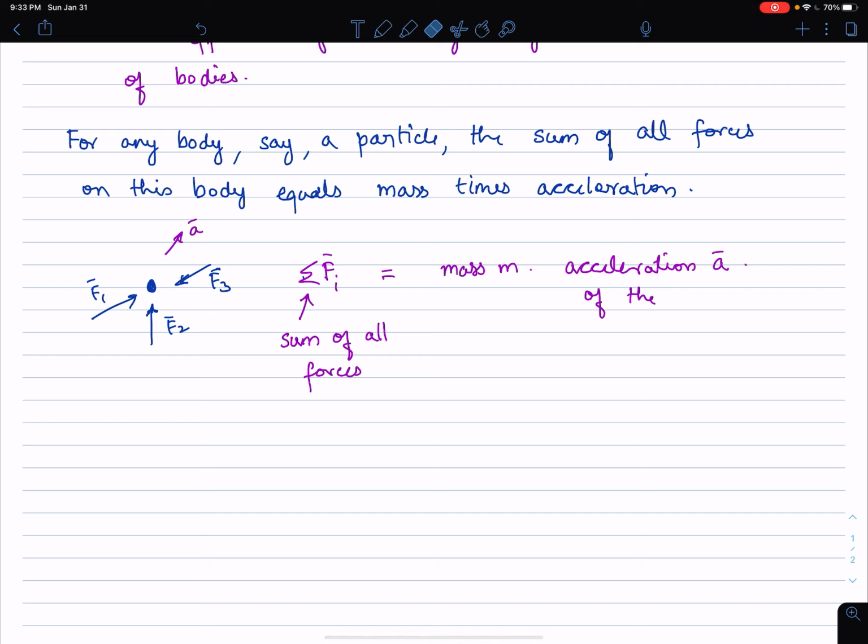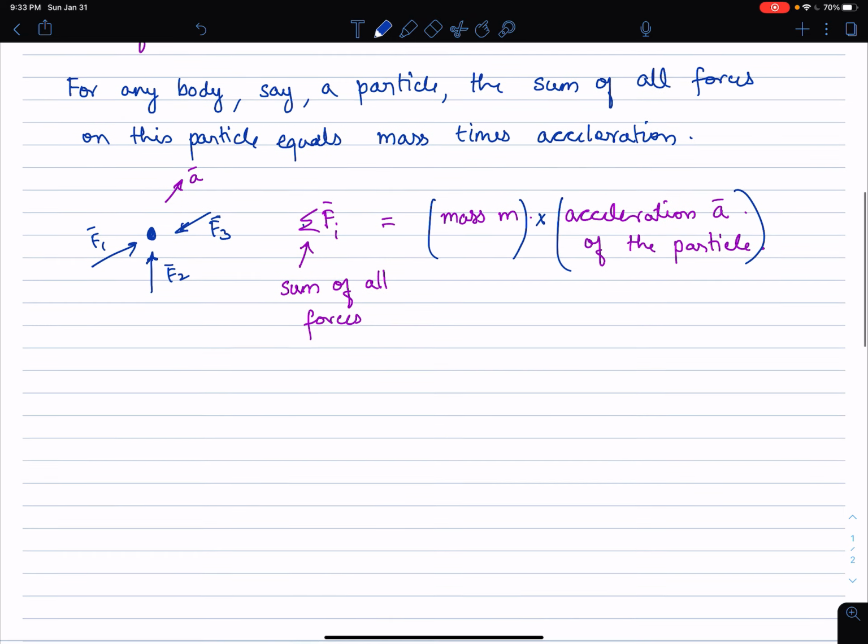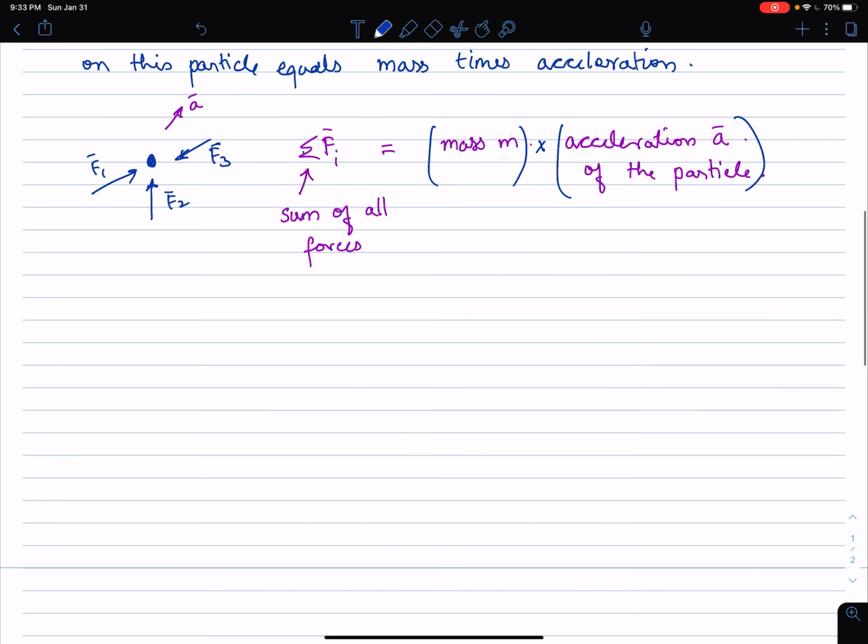If I want to say particle, let me say particle here. Okay, so this times this. So that's the famous F equals ma equation.